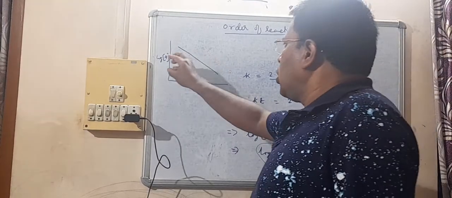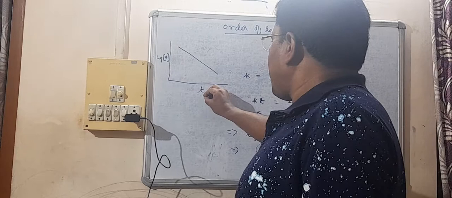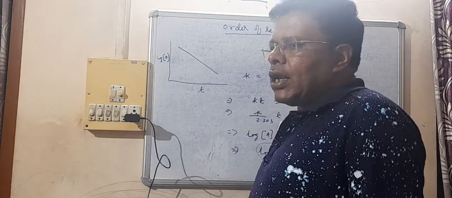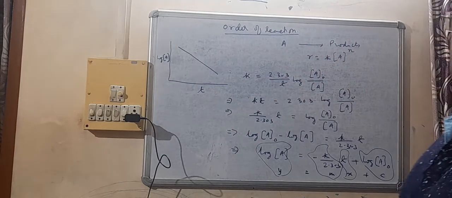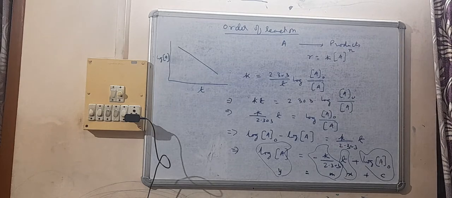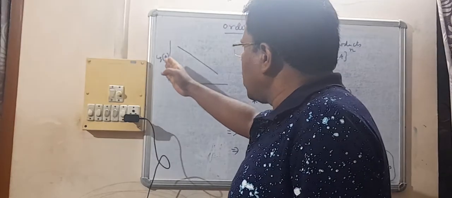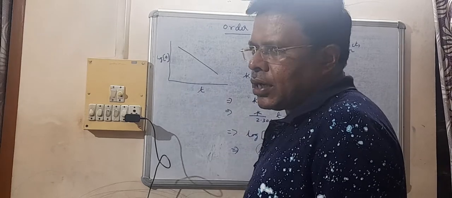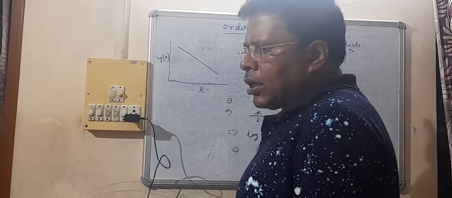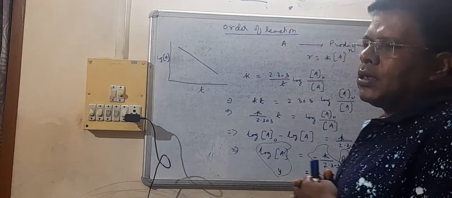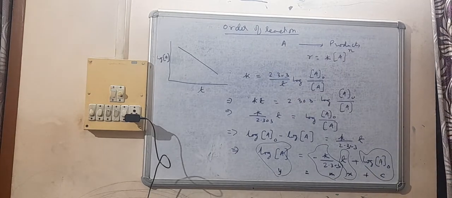On plotting log A versus t, if we get a straight line, that means the reaction is of first order. If the plot of log A versus t is not a straight line, then it will mean that the reaction that we are studying is not of first order.